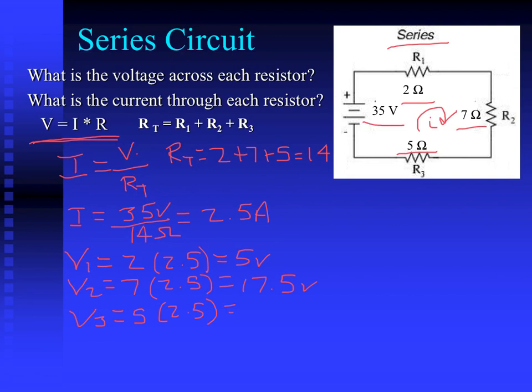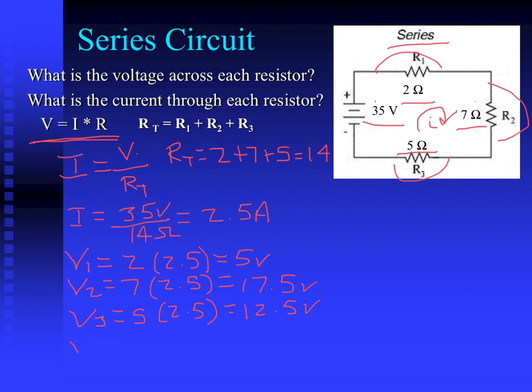And the voltage across the third resistor will be the 5 ohms times 2.5, which will be 12.5 volts. Now notice the voltage across R1 plus R2 plus R3 must add up to the total voltage.